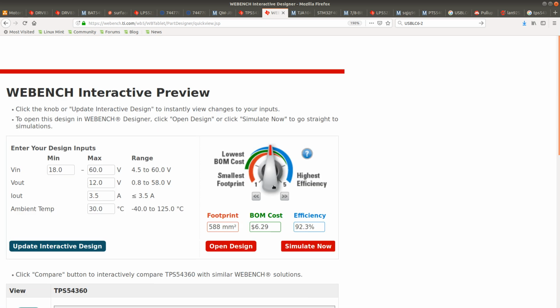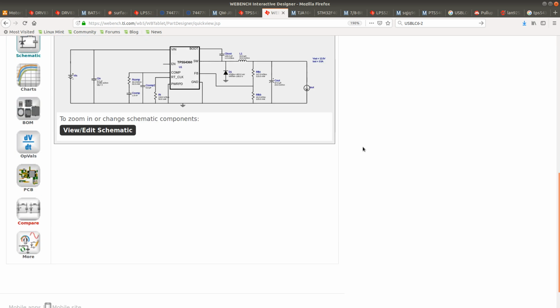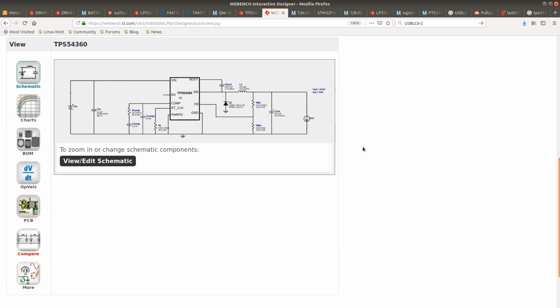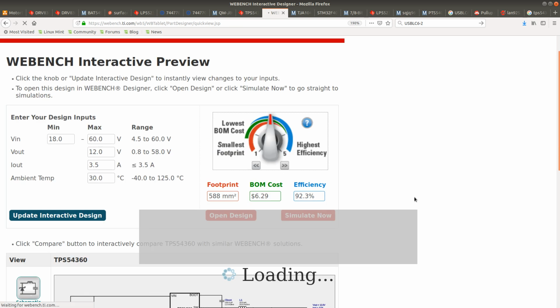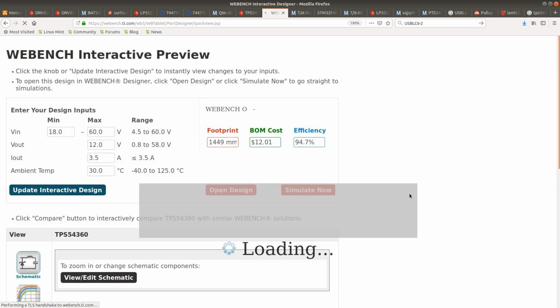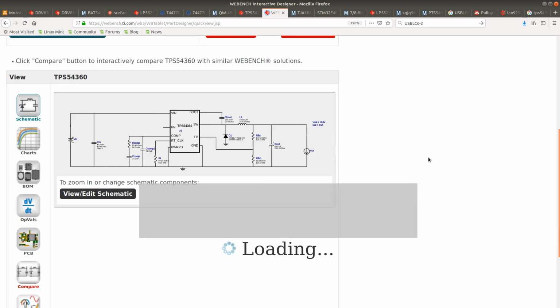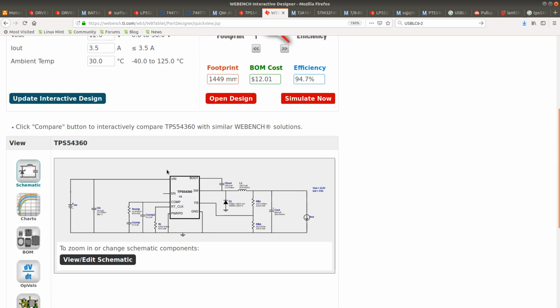No, actually, I think what I did first was I used the highest efficiency setting, so I got values like this, I think.